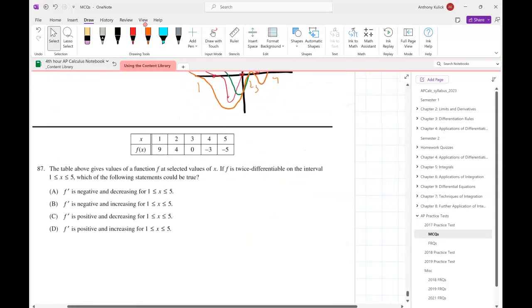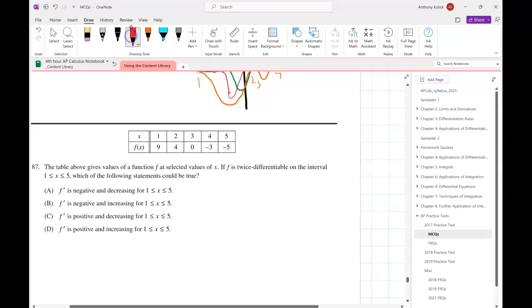87 certainly could be done with no calculator. So it says the table above gives values of a function f at selected values of x. If f is twice differentiable on the interval from 1 to 5, which of the following statements could be true? So I'm just going to look at the slopes.